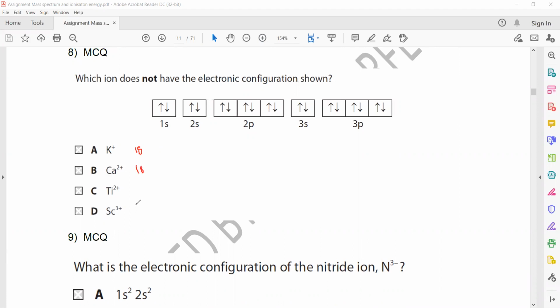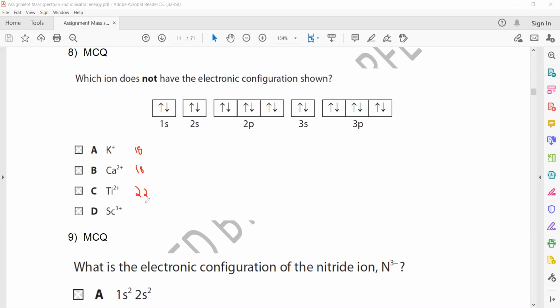Titanium and scandium, when we check the atomic number for titanium, 22 or 21.